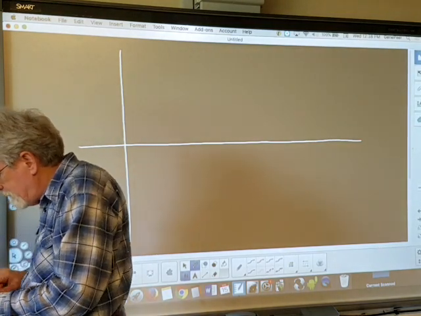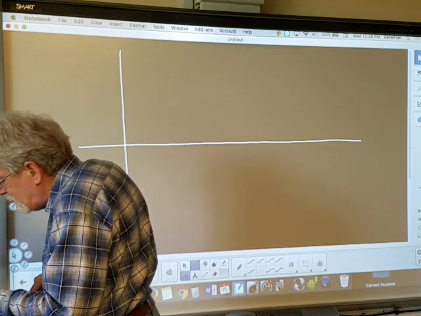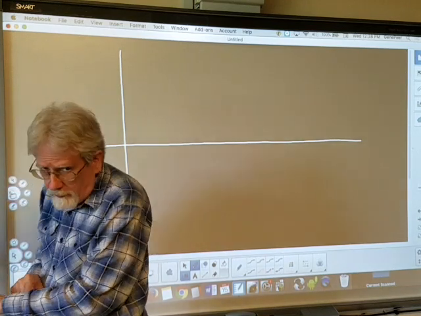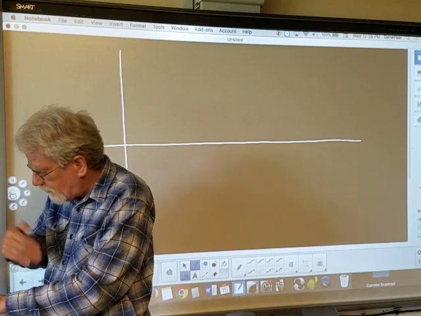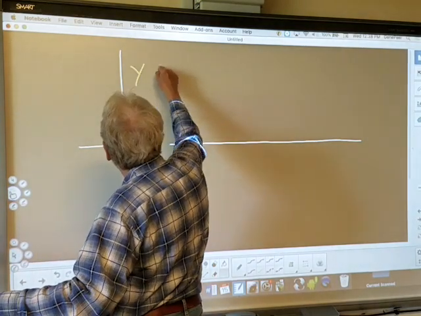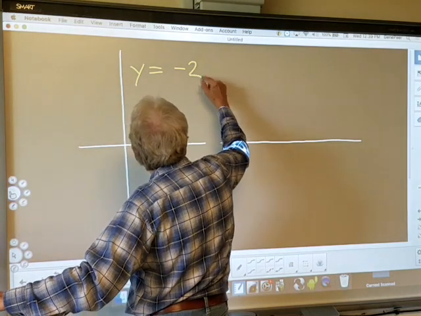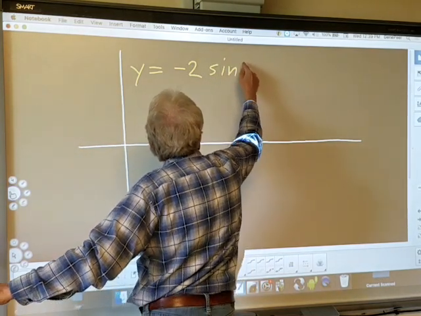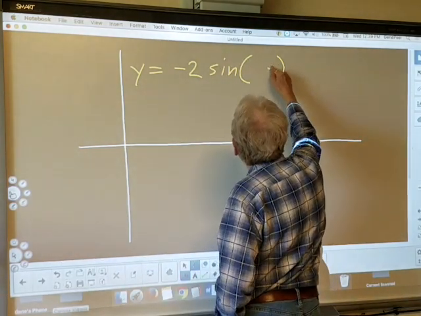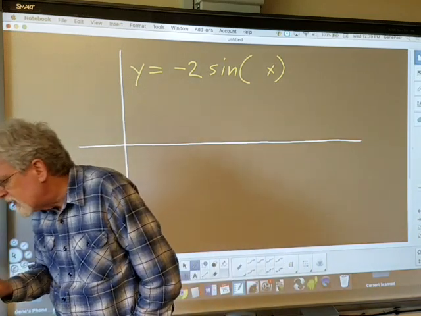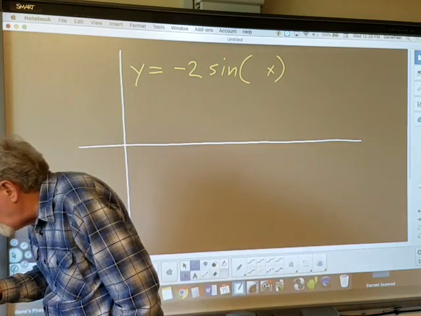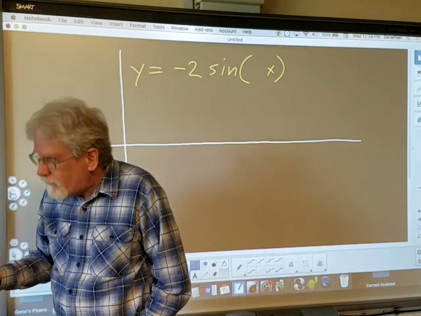Number 74. 74 is upside down. It passes through 0, 0, so it's still sine, but it's upside down, so it's going to be negative something. Okay, what's the amplitude? Amplitude is 2, so it's negative 2 sine of, and the only remaining problem is to find out the value of omega. This thing repeats itself every 4, just plain 4, not 4 pi.